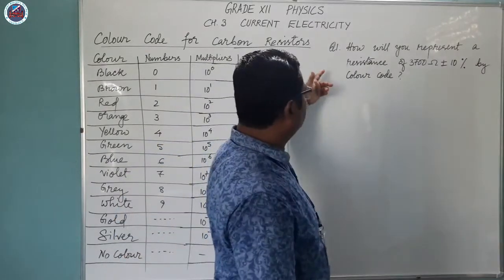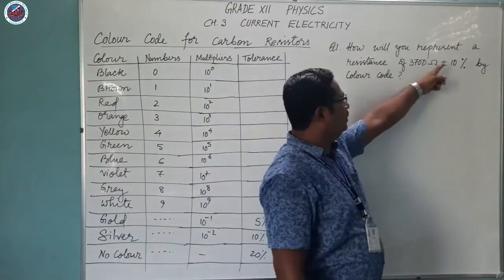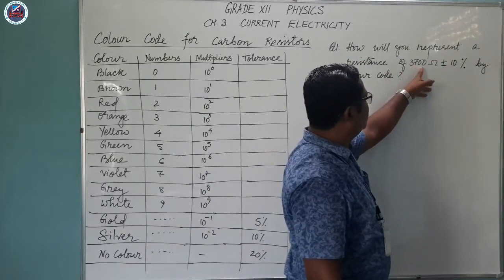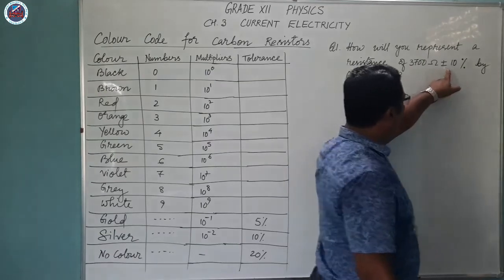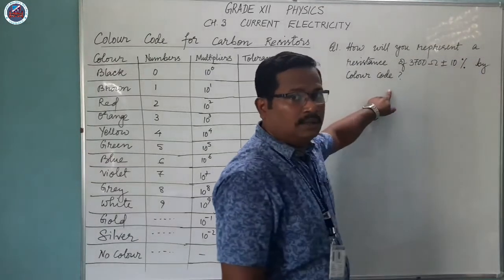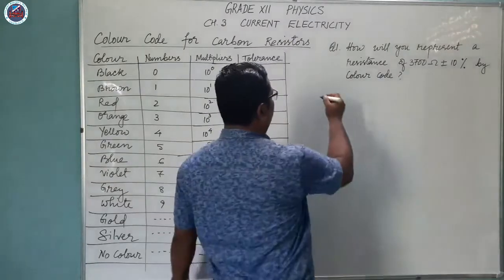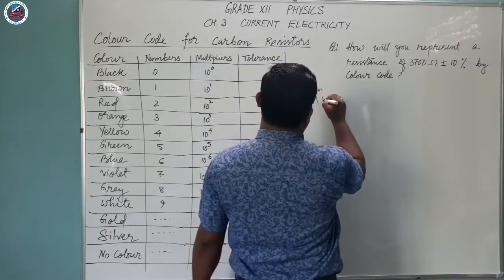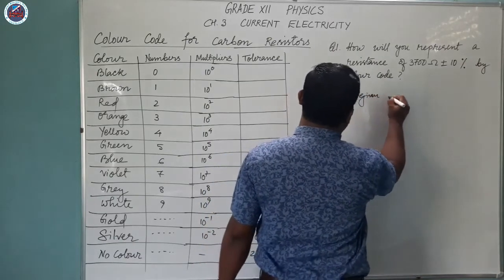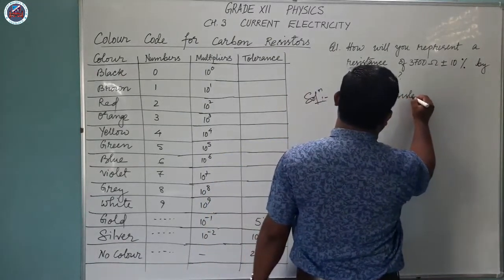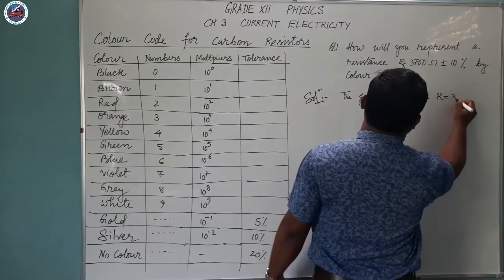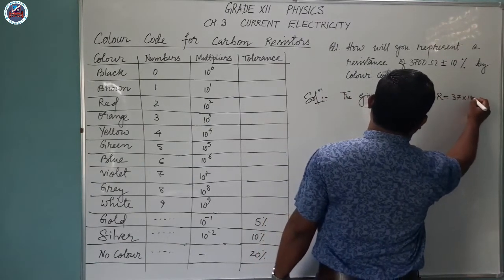Sometimes you may get questions like this: how will you represent a resistance of 3700 ohm plus or minus 10% by color code? So to solve this, you have to write down the given resistance R is equal to 37 into 10 power 2.